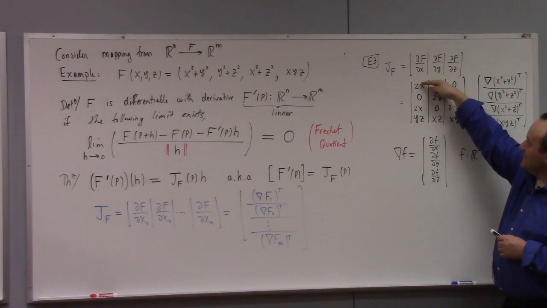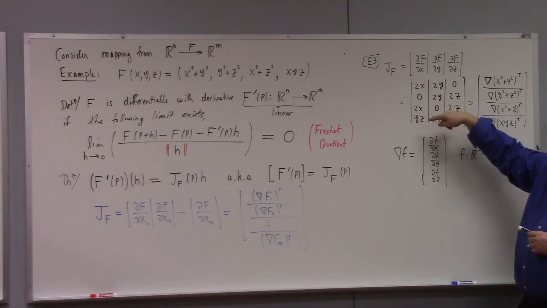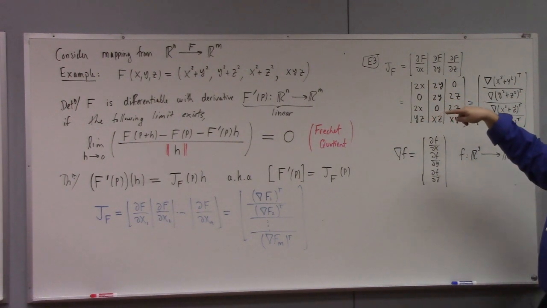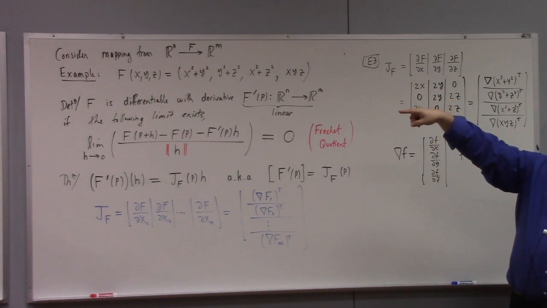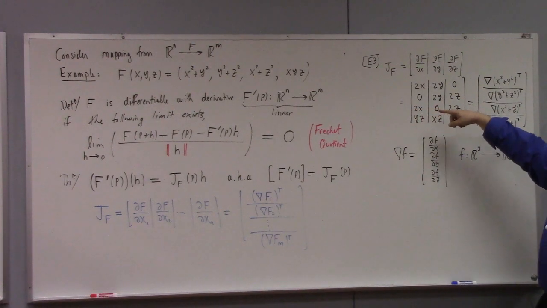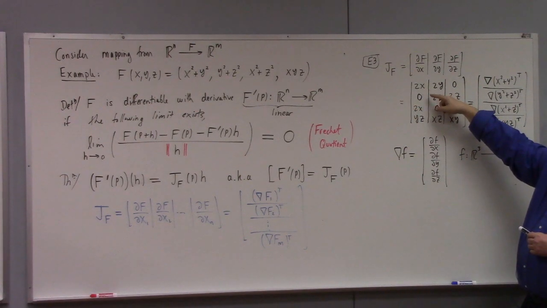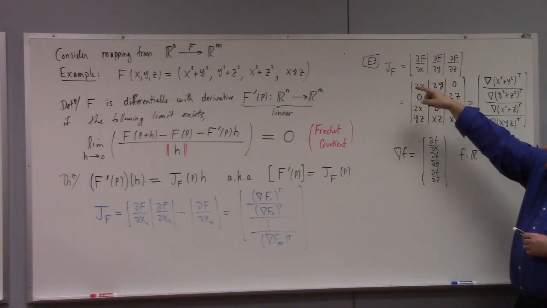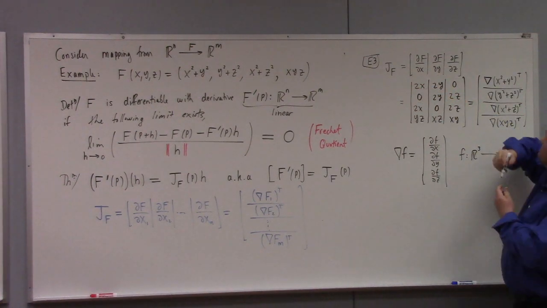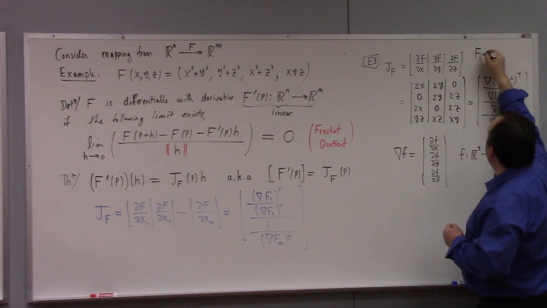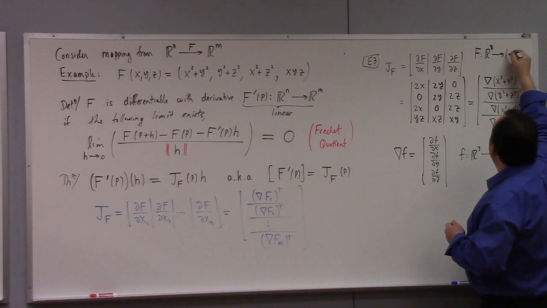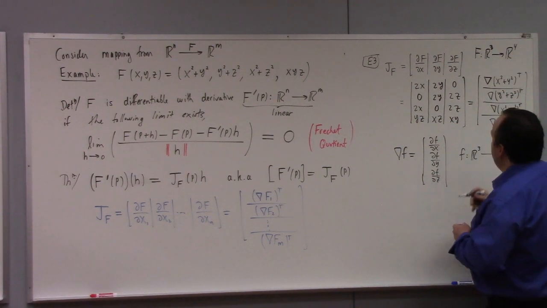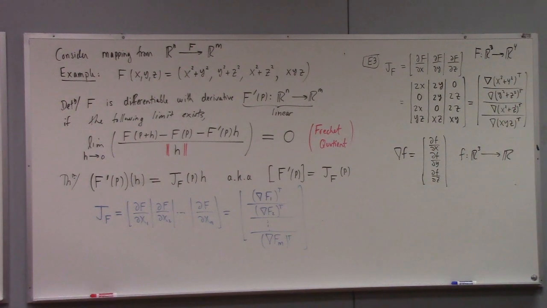Technically, this is not the partial derivative I defined at the start of class, because then I defined a partial derivative for a function that takes its values in R. But f takes its values in this case in R4. But the partial derivative for a function that takes its values in R4 is simply defined component-wise.